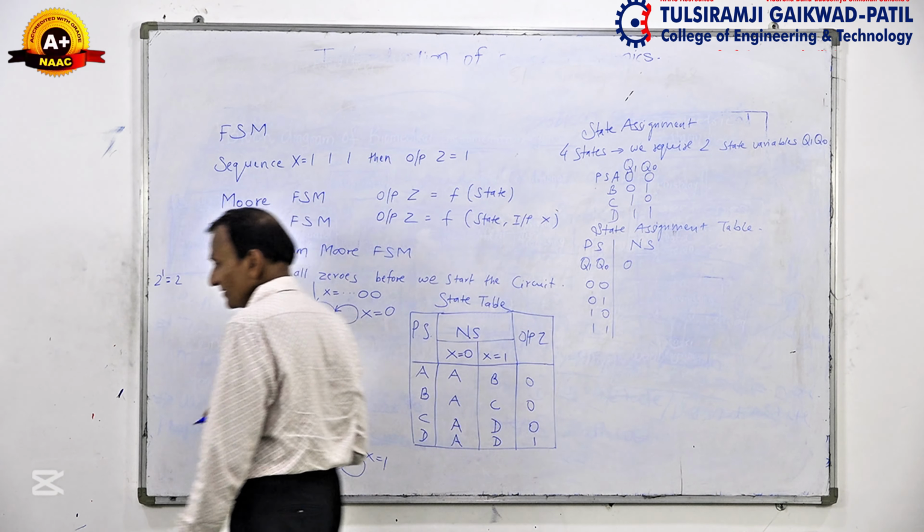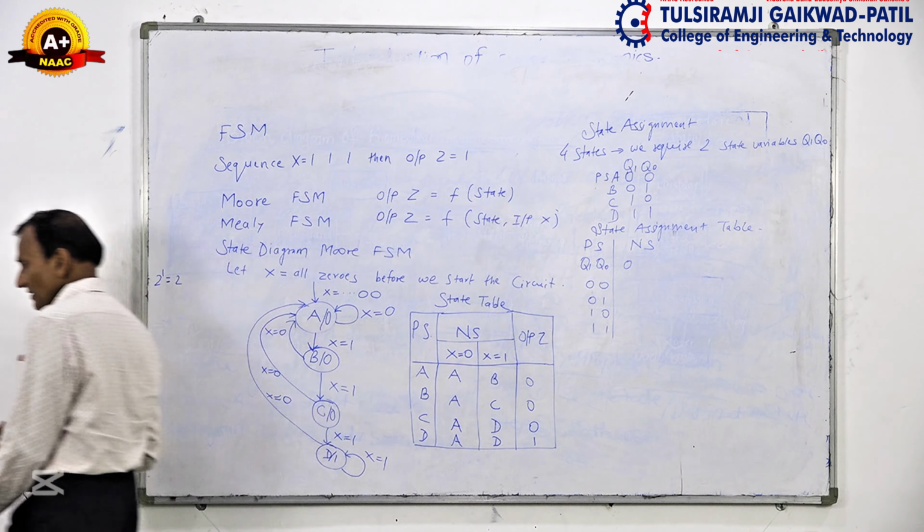Now next state, there are two next states, one for x equal to 0 and another for x equal to 1. So we find that for x equal to 0, the next states are A. A is represented by 0 0. So we'll write here Q1 Q0 as 0 0, 0 0, 0 0, 0 0.